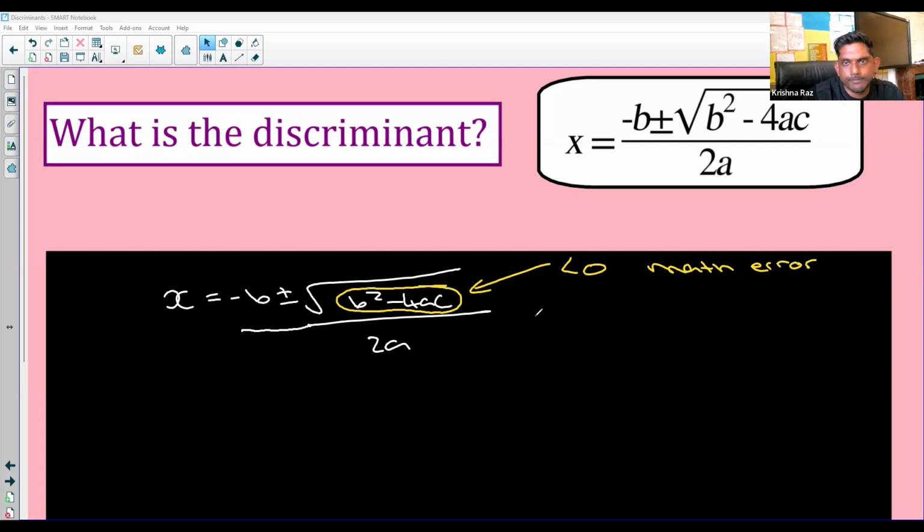And hopefully you would have noticed different results when we got a result that was equal to zero or greater than zero. So when we had a math error, that meant that we didn't get any solutions from it.